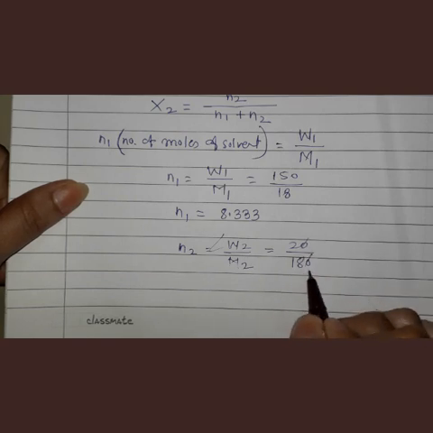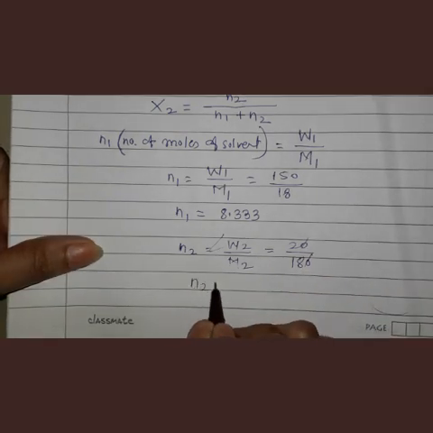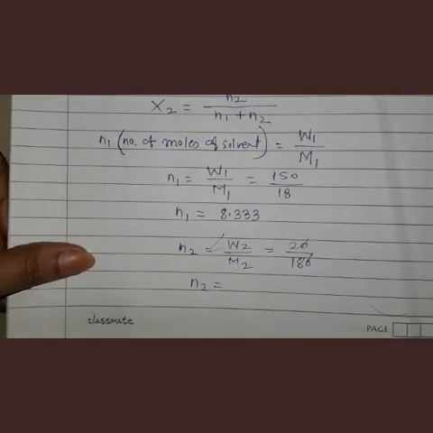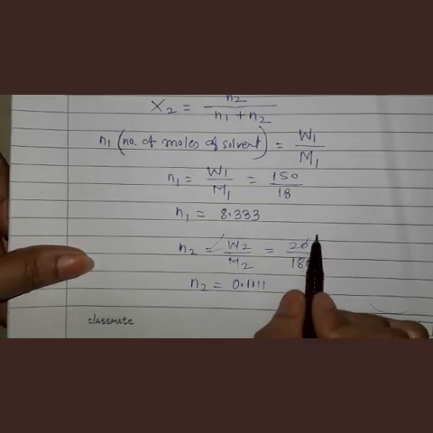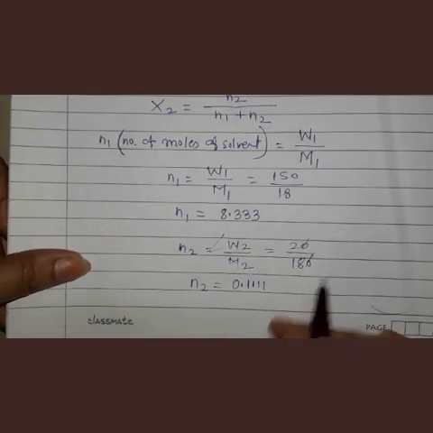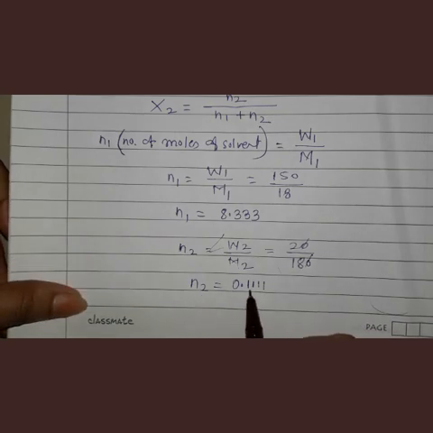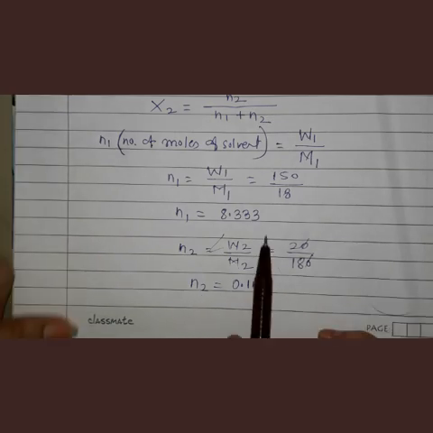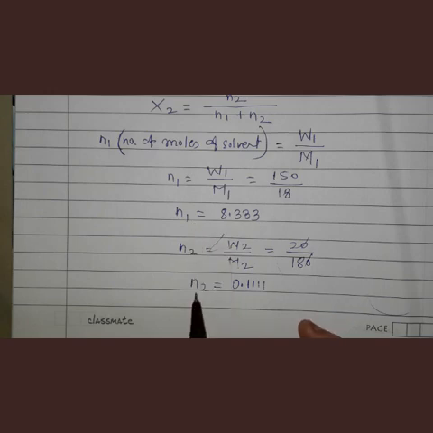Cut these zeros and find N2: 2 divided by 18. The answer of this division is N2 equal to 0.1111. So we have got N1 and N2.